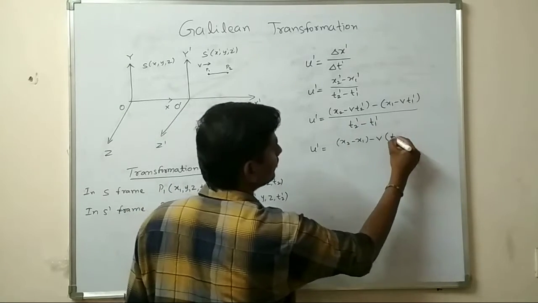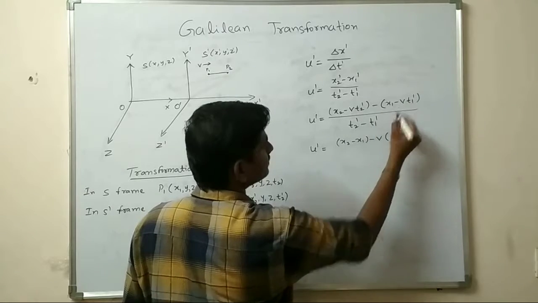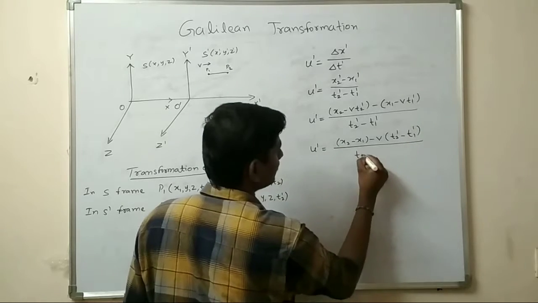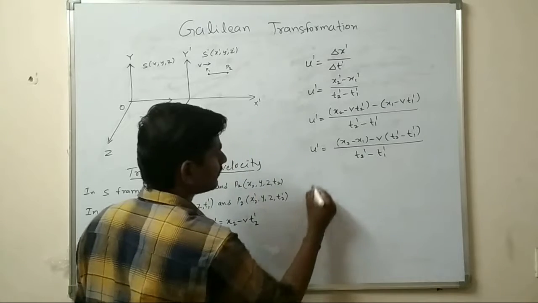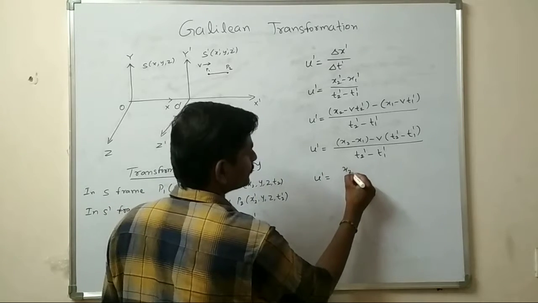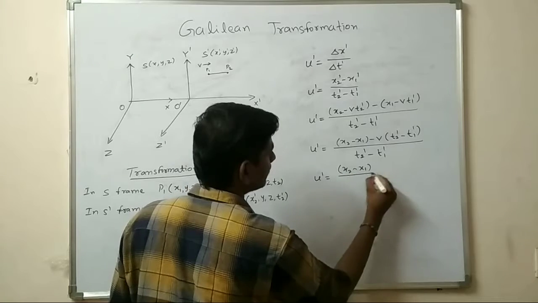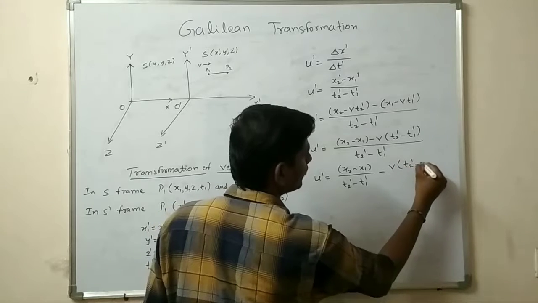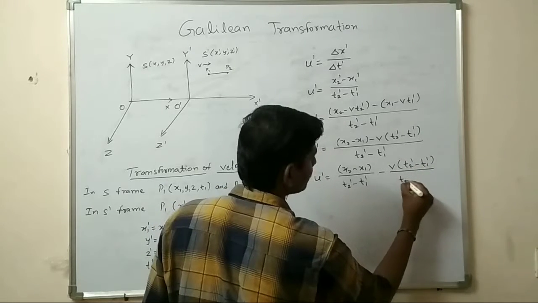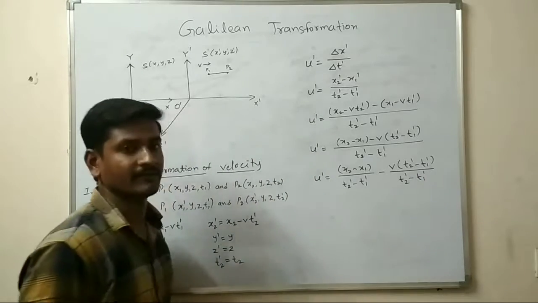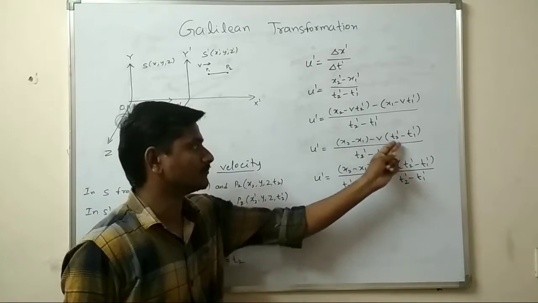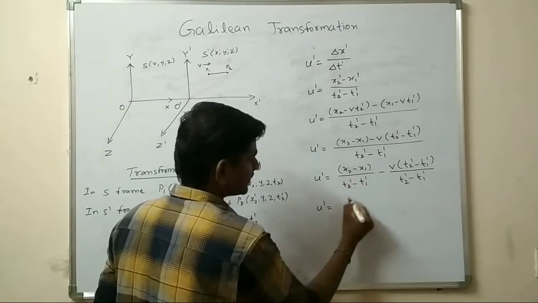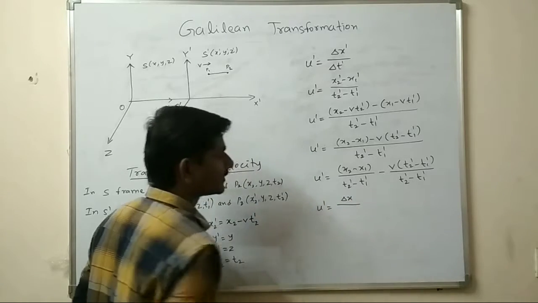What remains here? t2 dash, minus into minus is plus, minus is outside, therefore minus t1 dash, divided by t2 dash minus t1 dash. u dash is equal to x2 minus x1 divided by t2 dash minus t1 dash, minus v into t2 dash minus t1 dash divided by t2 dash minus t1 dash, where we separated the denominator for both the values.